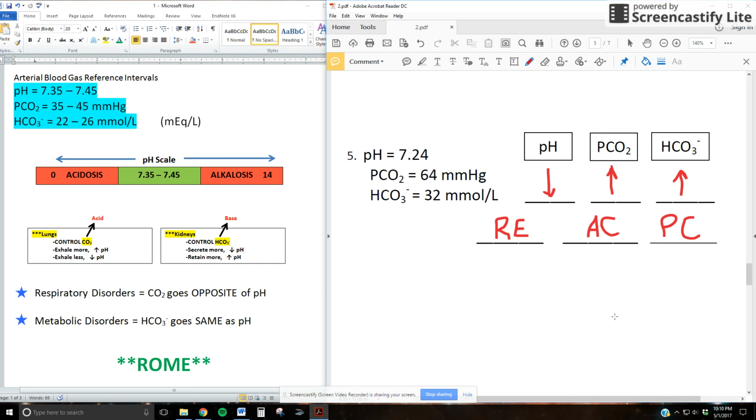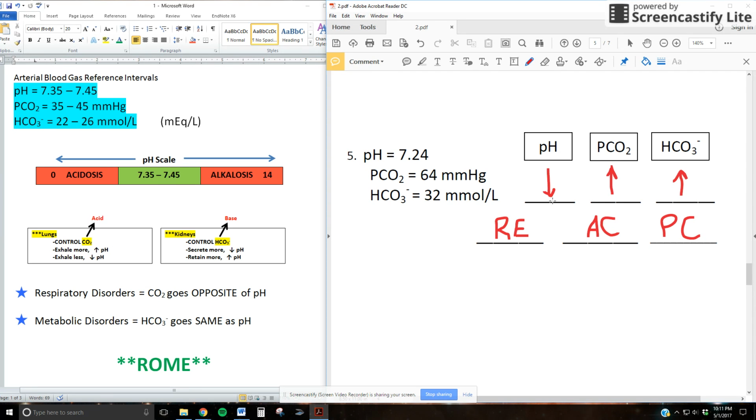And I don't think I have any explanation here, but we can think about it, take an educated guess. So if the pH is decreased and the PCO2 is increased, that means the body is exhaling less. They're not getting rid of enough of that carbon dioxide, that acidic component, which is going to drive the pH down.